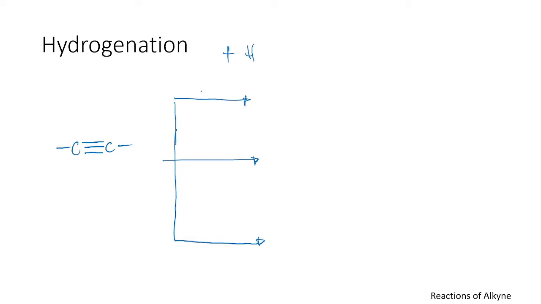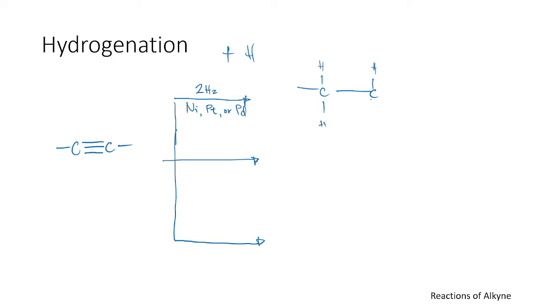As I said earlier, if we have 2 molar equivalents of hydrogen, and nickel, platinum, or palladium as our catalyst, this will proceed to our alkane.